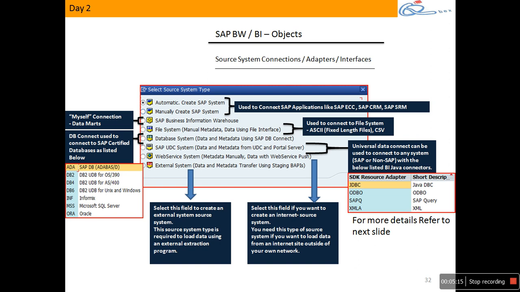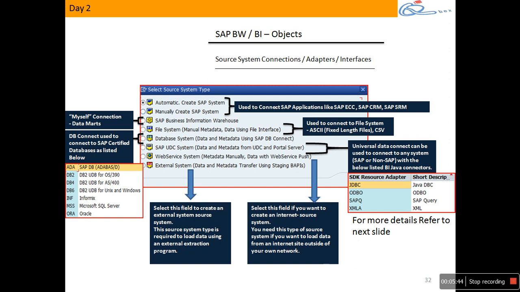Look at this. We have different connections like this. Automatic, the first two options: create SAP connection, automatic or manual. We use the first two adapters or connectors when you want to connect any SAP application to BW. Let's say you want to connect ECC to BW, or SAP CRM to BW, SAP APO to BW, SAP HCM to BW, or you want to connect another BW server to this BW server.